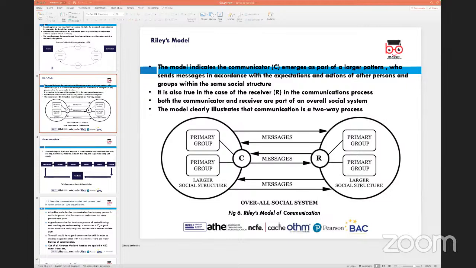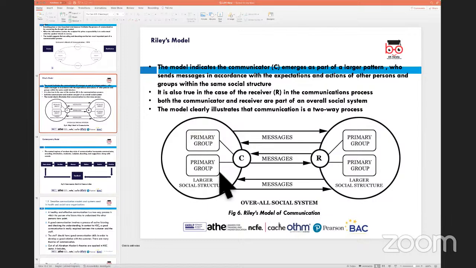That is where the model focused on primary groups based on the communicator side, and primary groups based on the receiver side. And they communicate to a larger social system, or a social structure. And then when they receive the message, they communicate back to a primary group, which is a part of a larger social structure.